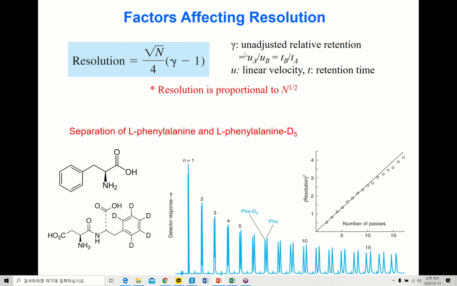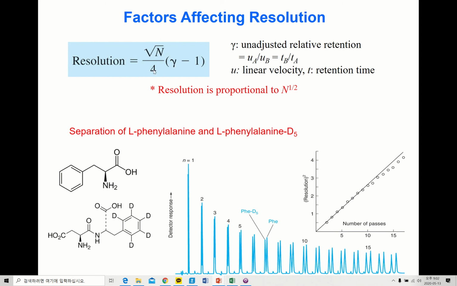Gamma is the ratio of uA divided by uB, where u is the linear velocity, which equals tB divided by tA. t is retention time. Gamma is defined this way, and resolution is defined this way.